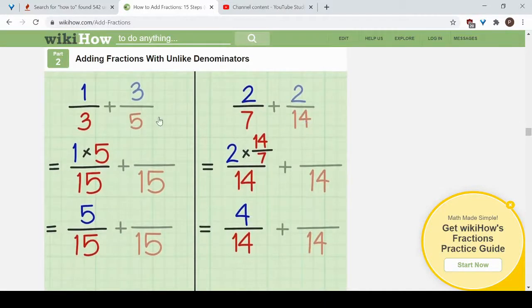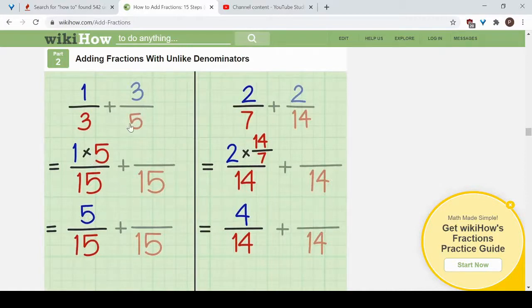If we're going to change these to 15, we also have to change the numerators as well. To get 15, we do 3 times 5 is 15, and since we did 3 times 5, we also have to do the top times 5. So 1 times 5, and we get 5 over 15.